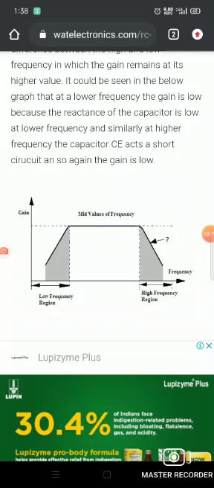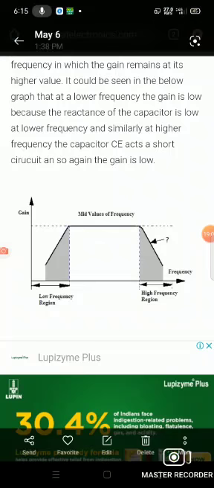Cutoff frequency is what? The cutoff frequency is the frequency at which the gain is decreased by 70.7% of the maximum gain, or minus 3 dB value of the maximum gain, or 0.707 value of the maximum gain, or 1 by root 2 value of the maximum gain.